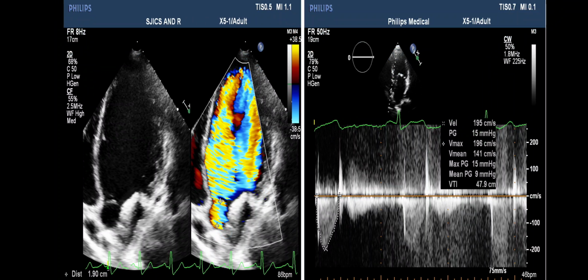The ERO is measured from the PISA method in the aortic long axis. Effective regurgitant orifice area, EROA, is equal to 2 pi r square. R, the radius, is measured from the apical long axis, divided by AR velocity, which is measured from the continuous wave Doppler. So we get it as 1.5 centimeter square.